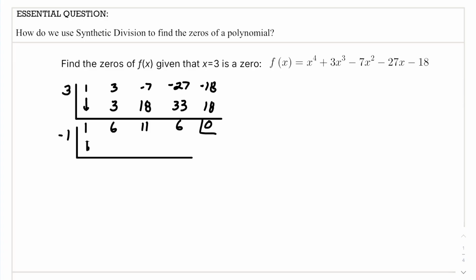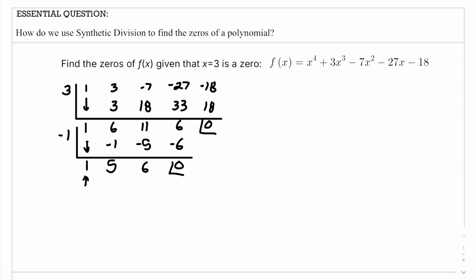Bring that 1 down. Negative 1 times 1 is negative 1. 6 plus negative 1 is 5. Negative 1 times 5 is negative 5. 11 plus negative 5 is 6. Negative 1 times 6 is negative 6, which gives us 0.